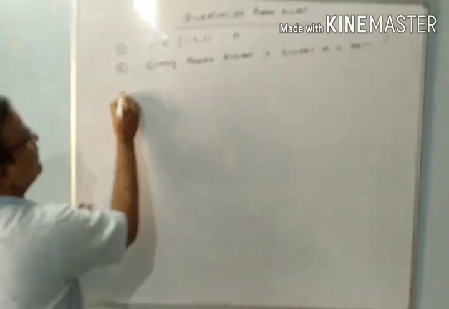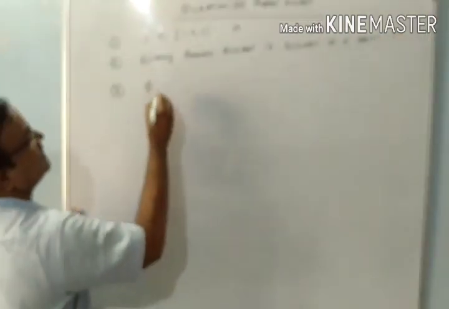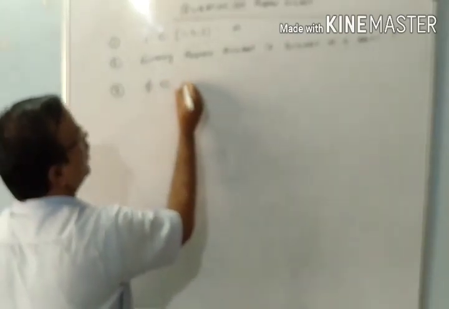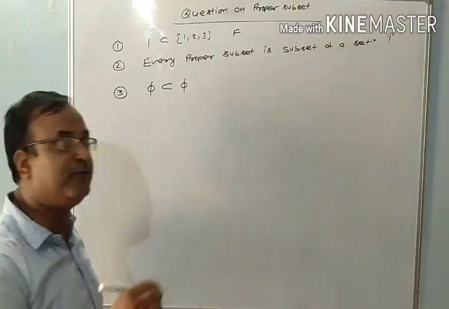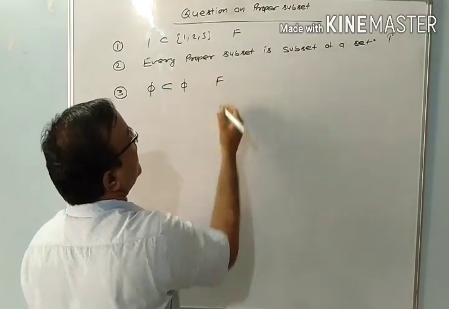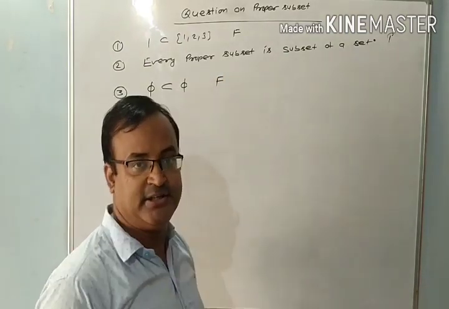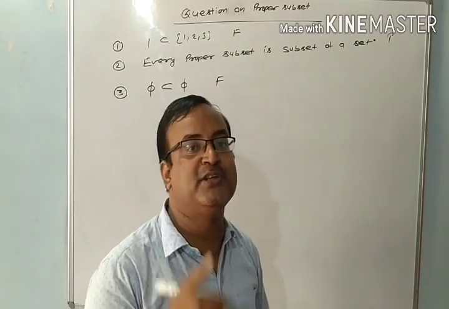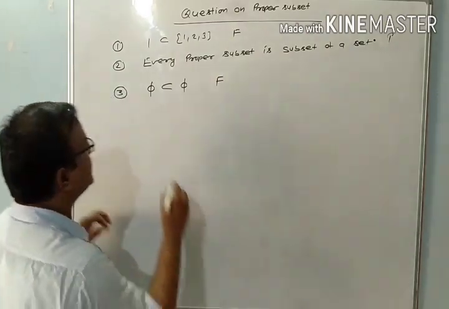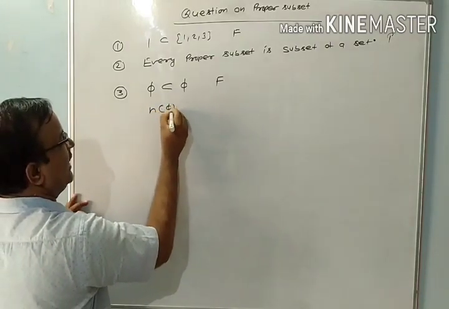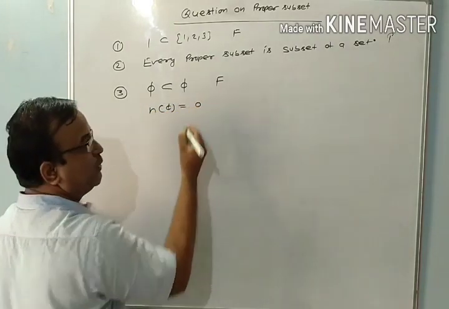Now third, which is very important: phi is a proper subset of phi. This is false, because phi is the only set which has no proper subsets. When we find the total number of elements in phi, this is 0.